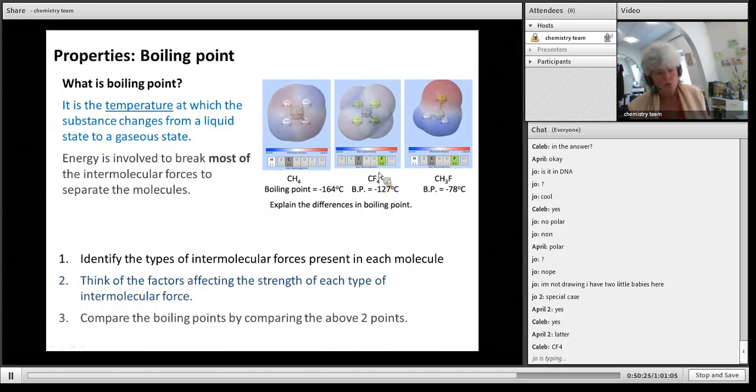Say CF4 has got a bigger mass than the methane, so the temporary dipole forces of attraction will be stronger, so we'll need more energy to break those forces and so on. Link the bigger mass to the temporary dipole force of attraction and not just to intermolecular forces in general.